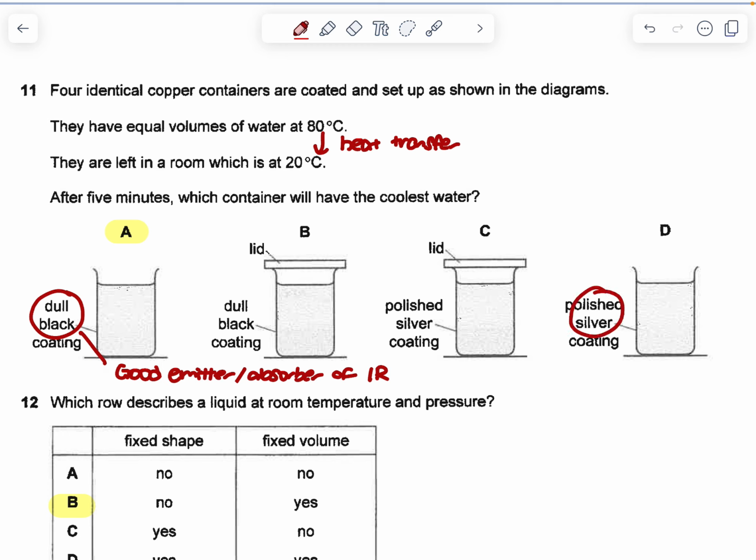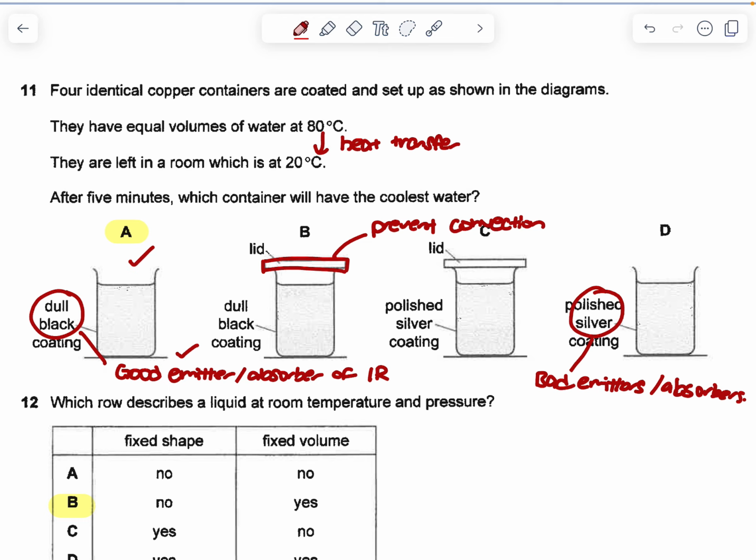Polished and silver are the opposite, so they are bad emitters and absorbers. And with a lid, you actually prevent convection currents. So A will be the one that has a good emitter and doesn't have a lid.